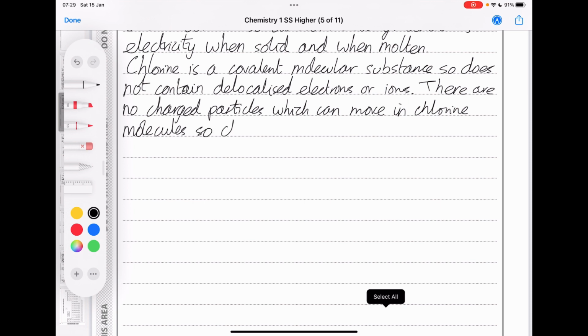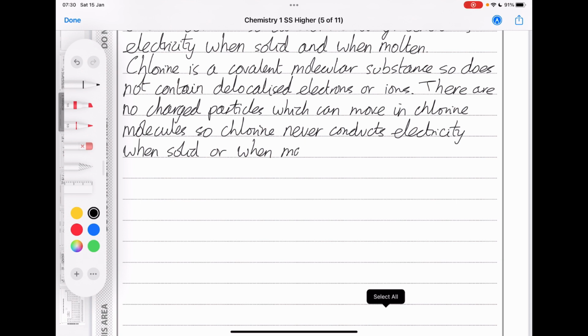So, chlorine never conducts electricity. And again, referring back to what the question actually asked me, never conducts electricity when solid or when molten.